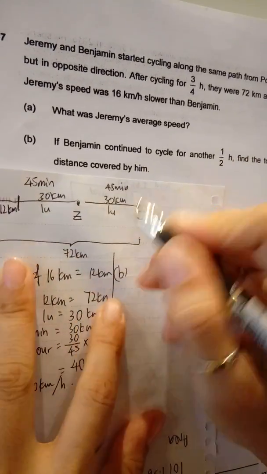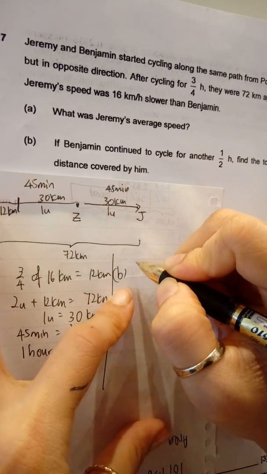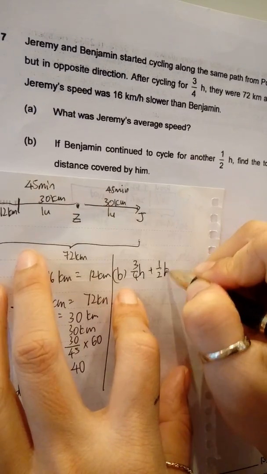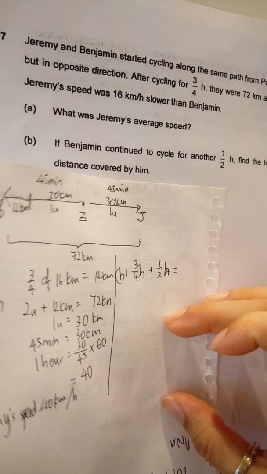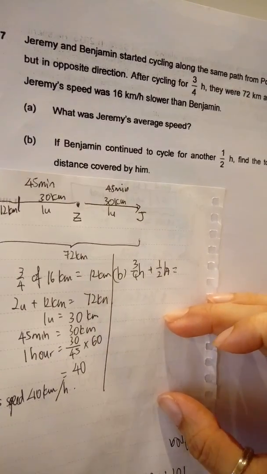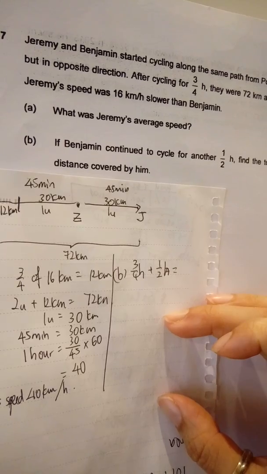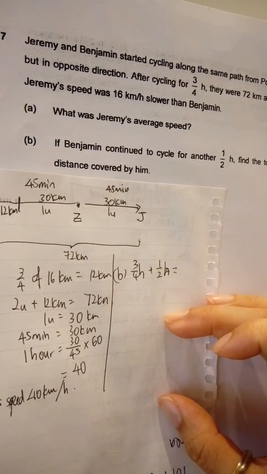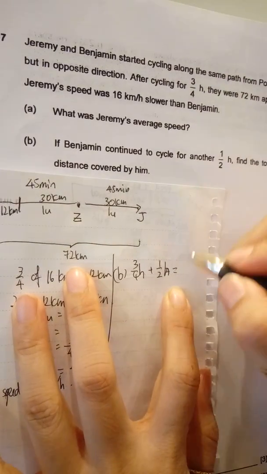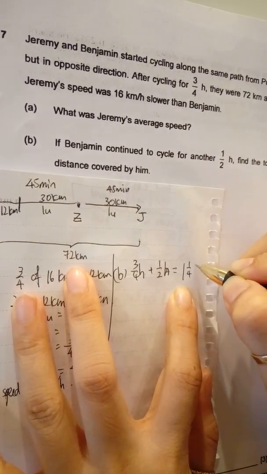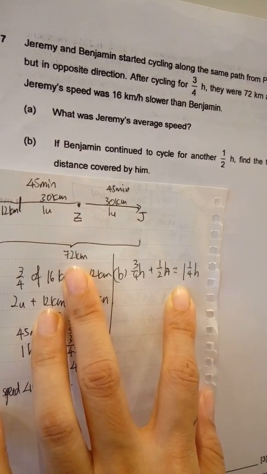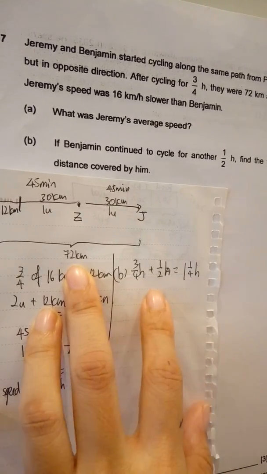Another half an hour, you can just add it up. 45 plus 30, you get 75 minutes.